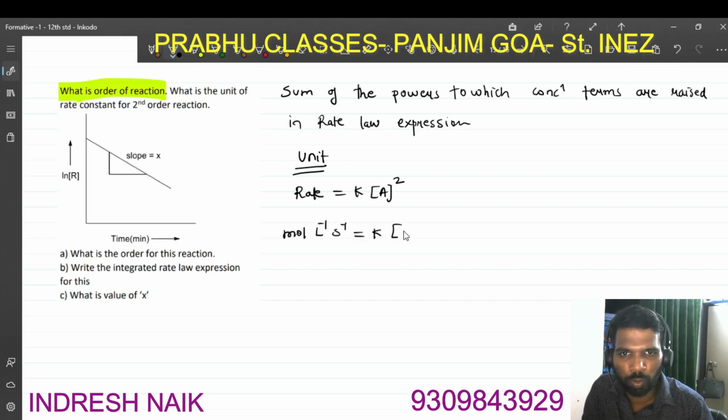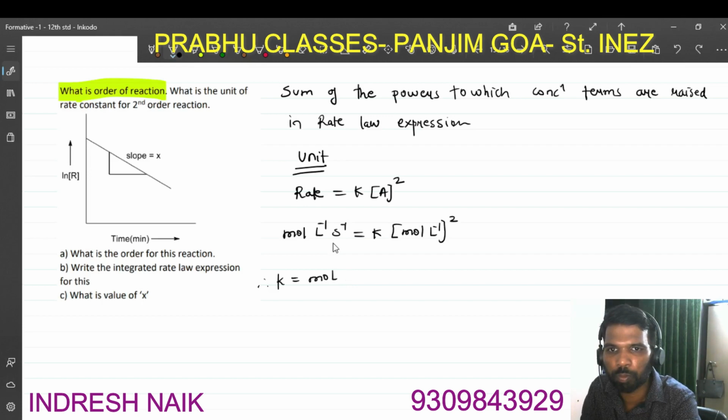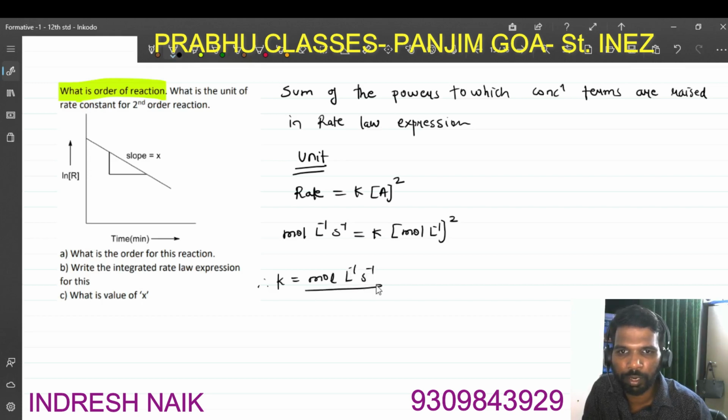Units of A is concentration, moles per liter, raised to power 2. Therefore, K will be the units of rate, moles per liter per second, divided by moles per liter the whole square.